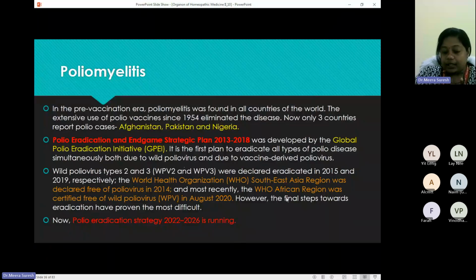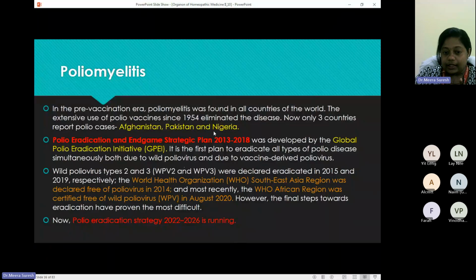And most recently, the WHO African region was certified free of wild poliovirus in August 2020. However, the final steps towards eradication have proven the most difficult. So here you can see the Southeast Asian region was declared free of poliovirus in 2014 itself, and Africa was declared free in 2020.